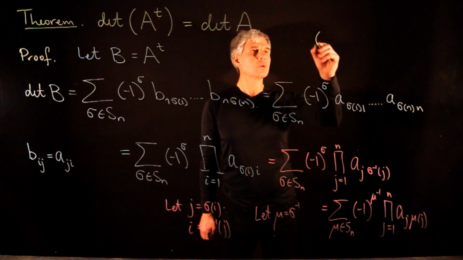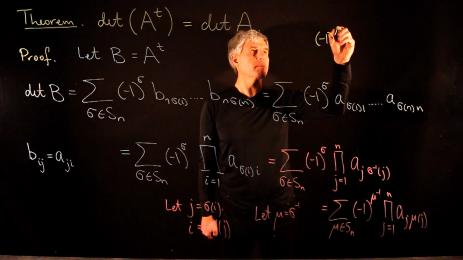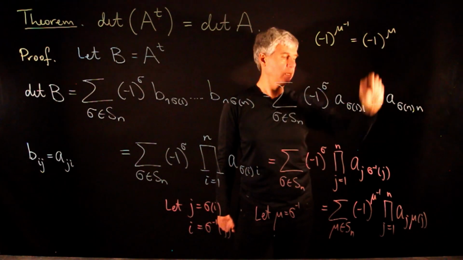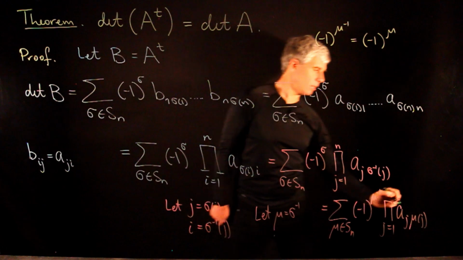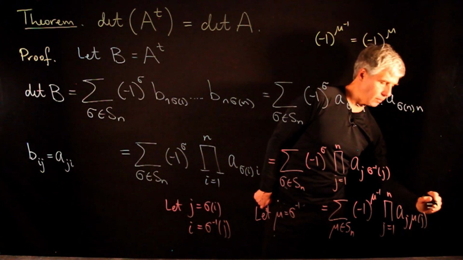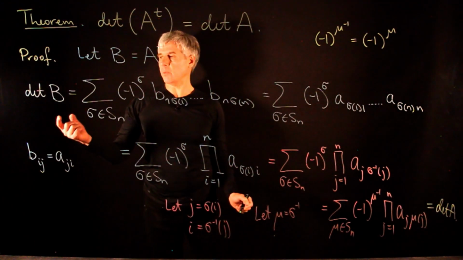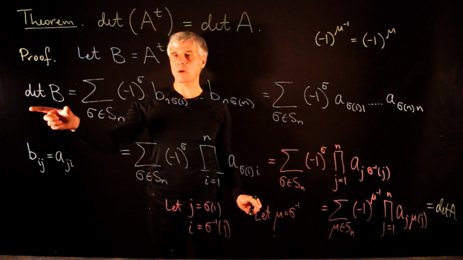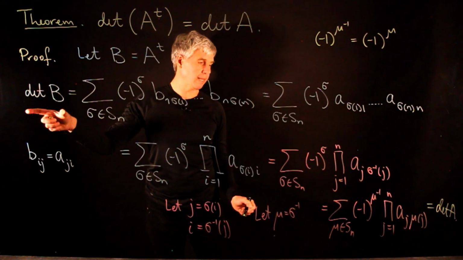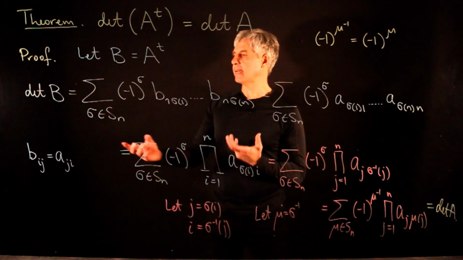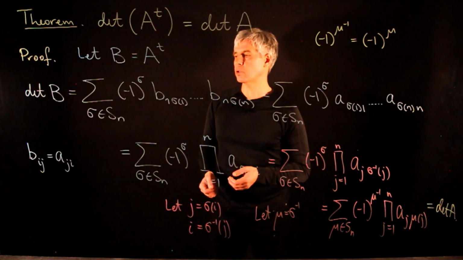Since the parity of mu inverse is the same as the parity of mu, what we have here is just the formula for the determinant of A. In this way, we proved that the determinant of the transpose of a matrix A and the determinant of A are equal.